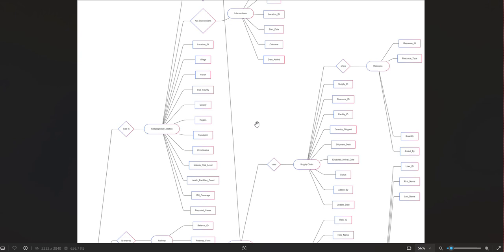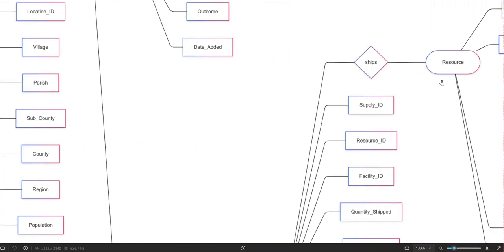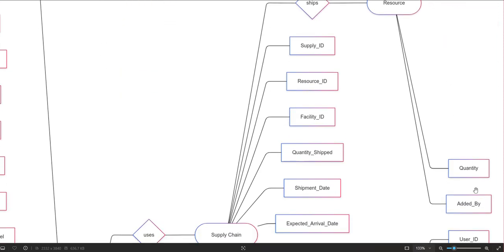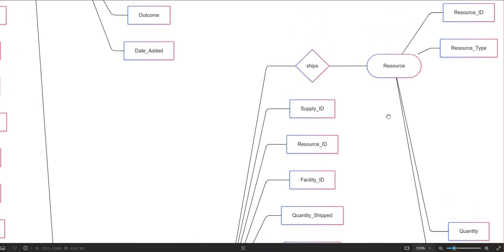The use of this is that it can help prevent stockouts, which could be a problem to the health facility if resources are not tracked under the resource entity. It has these attributes: the resource ID, the resource type, the quantity, for example the quantity of mosquito nets, and who added these in the system.